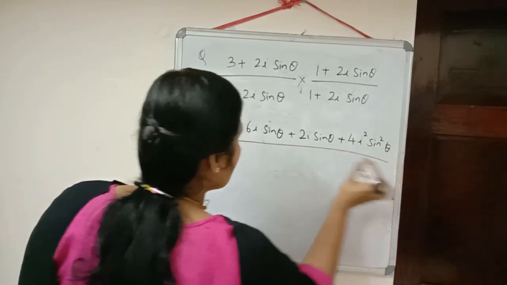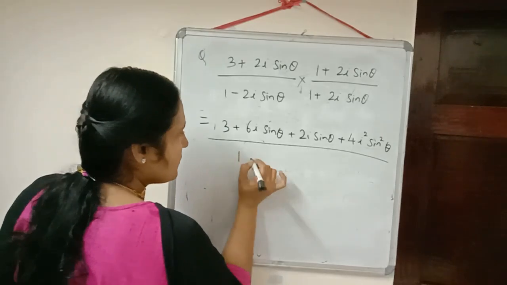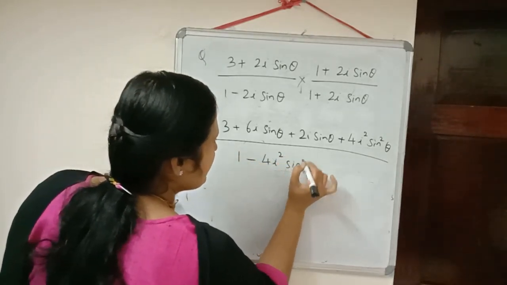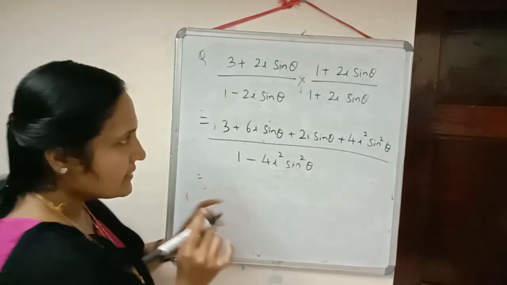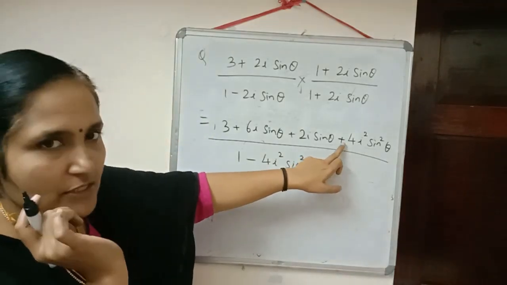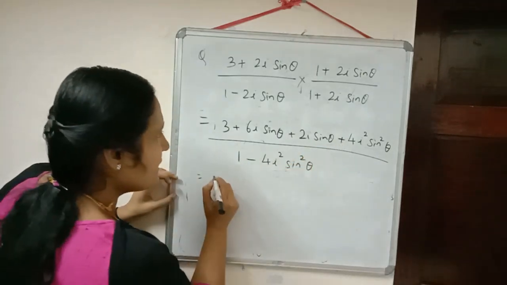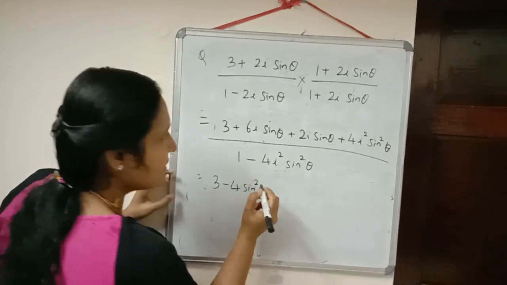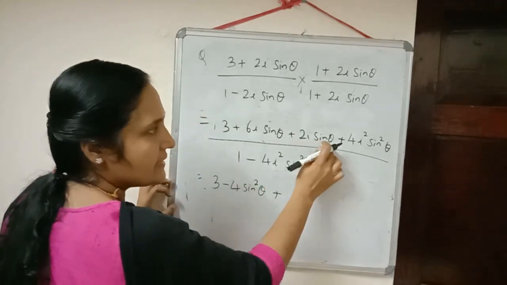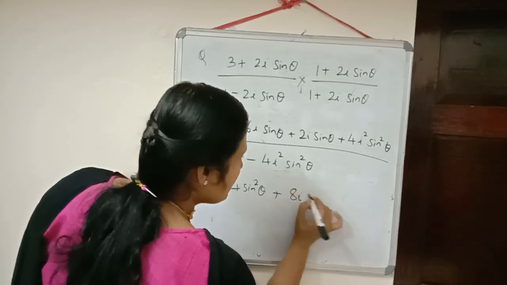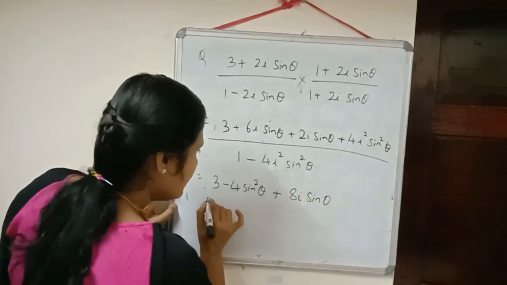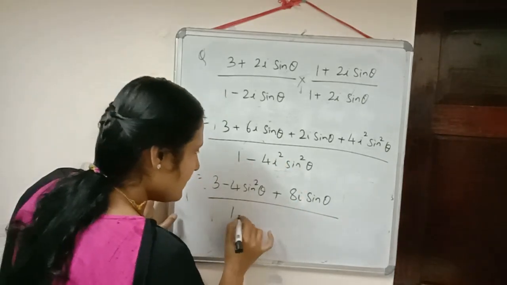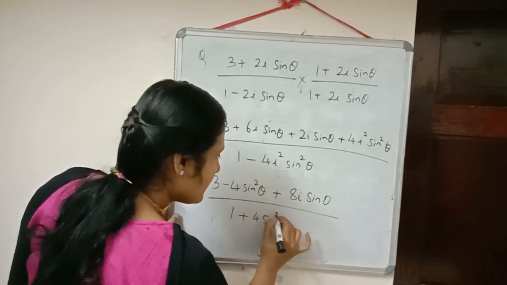The denominator is in the form of an identity, a square: 1 minus 4i square sin square theta. I square will be minus 1, so this expression will become positive. Now I am writing the real part together: 3 minus 4 sin square theta, plus 6i sin theta plus 2i sin theta equal to 8i sin theta, by 1 plus 4 sin square theta.